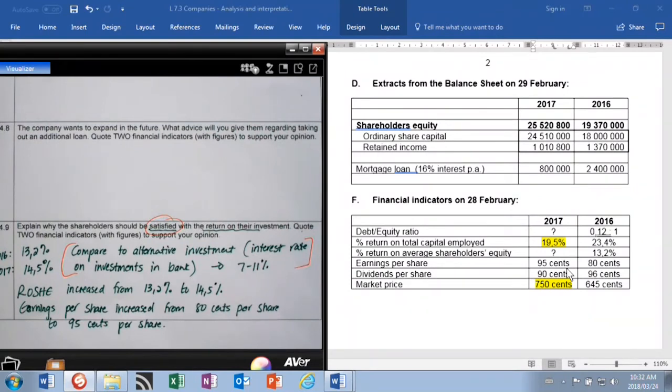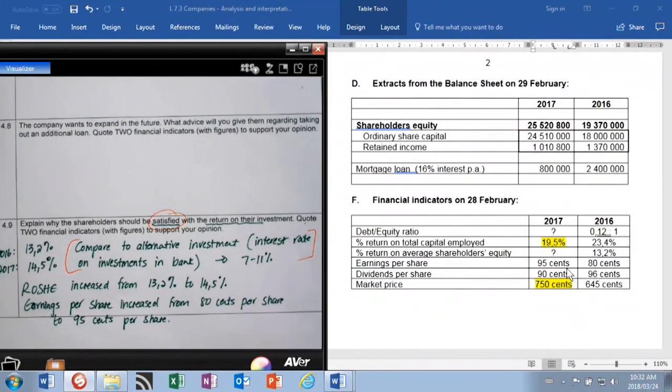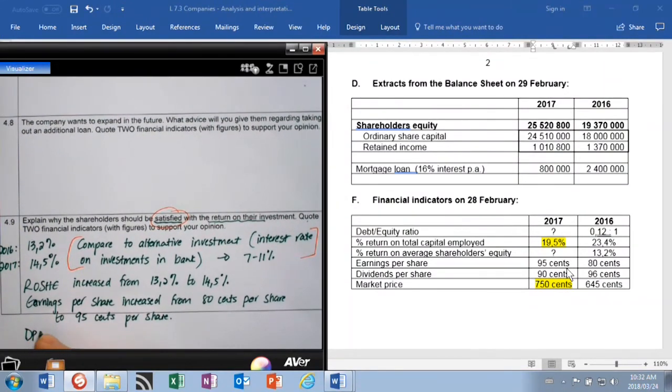They also mentioned dividends per share decreased from 96 cents per share to 90 cents per share. Remember, DPS is dividends per share, EPS is earnings per share.